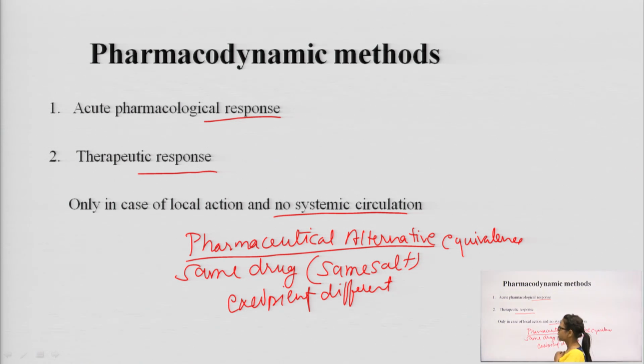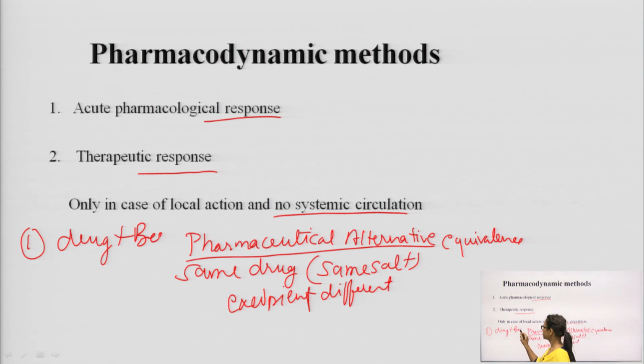For example, we want to make an ointment. In the first ointment, we add drug plus beeswax, and in the next ointment we add drug plus wool fat.